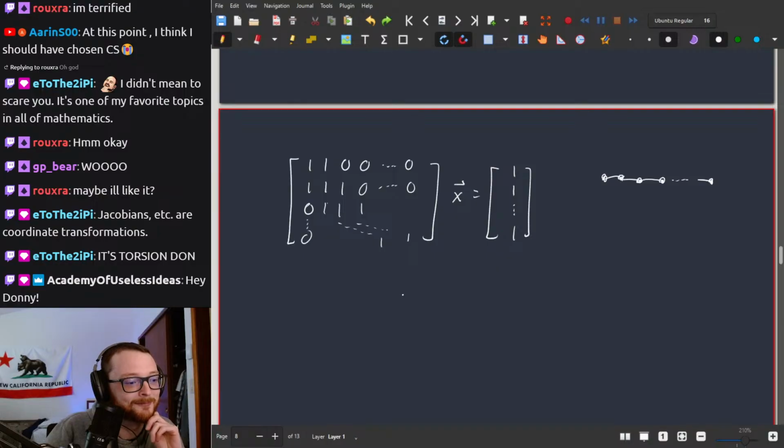I love it. Jacobians, etc. Coordinate transformations. Well, yeah. I know it's torsion. I was debating whether I was going to stop lurking and say something until Stooky did. So, hey, Slim, you changed your color, didn't you? You're blue now, and I think you weren't blue before.